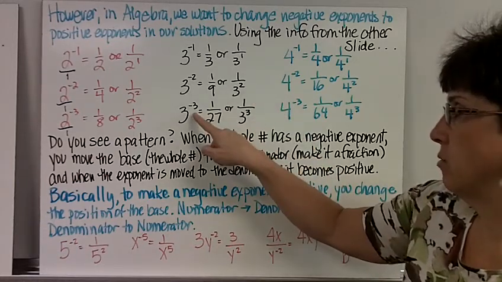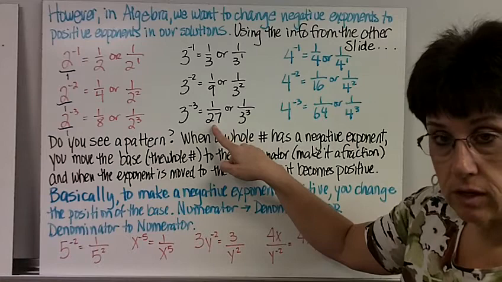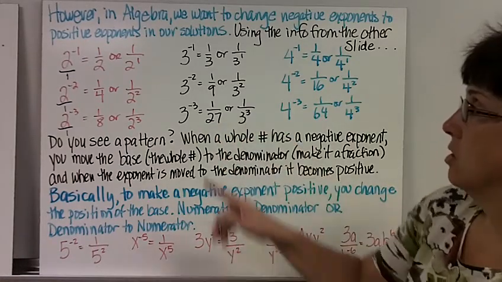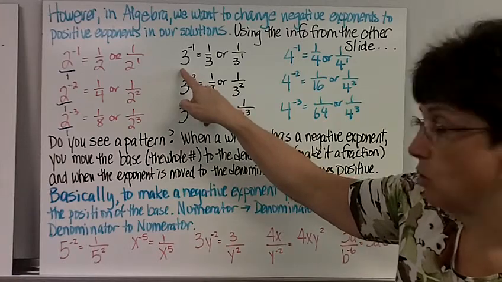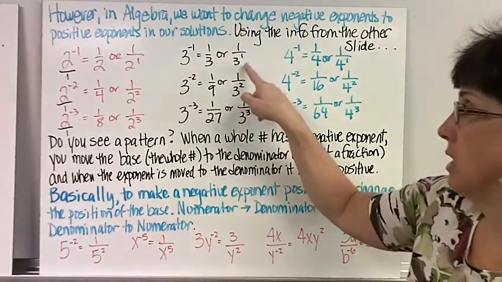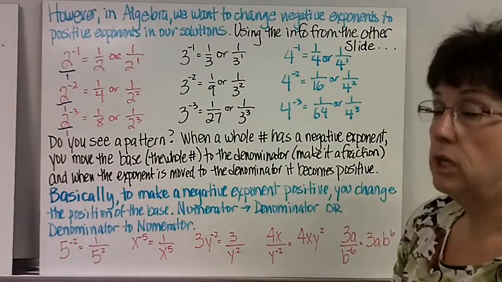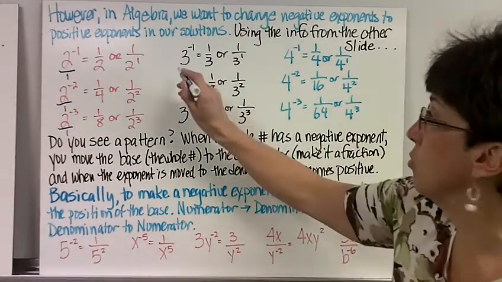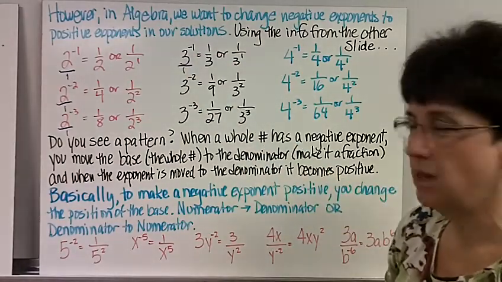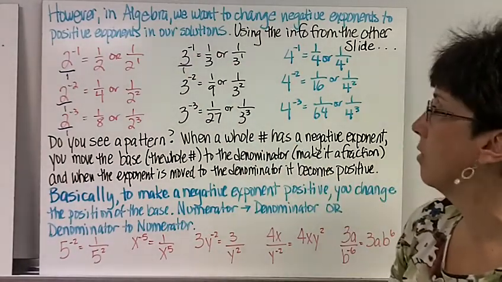And 3 to the negative 3 is 1 over 27, but 27 could be written as 3 cubed. So see, we're changing our negative exponents to positive exponents by changing our whole number into a fraction. But really, we're moving what was in the numerator to the denominator. Because we never think of whole numbers as being in the numerator, but they are.